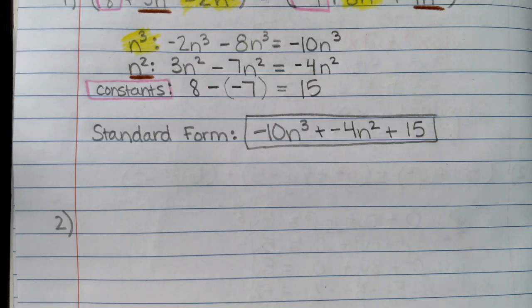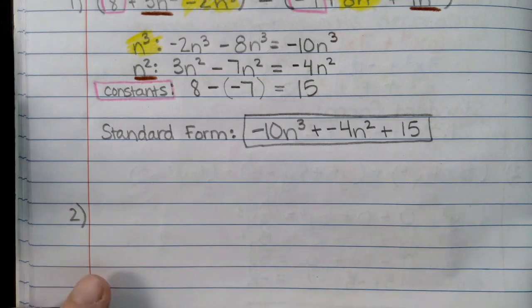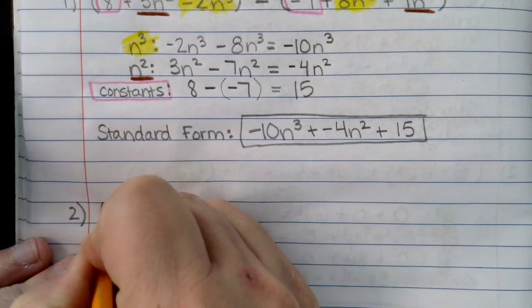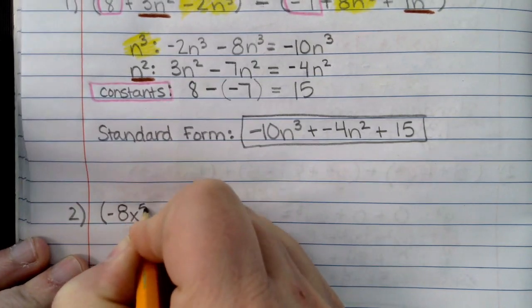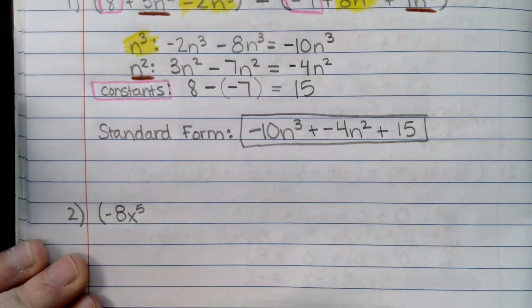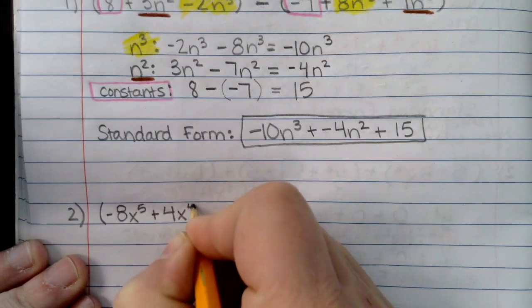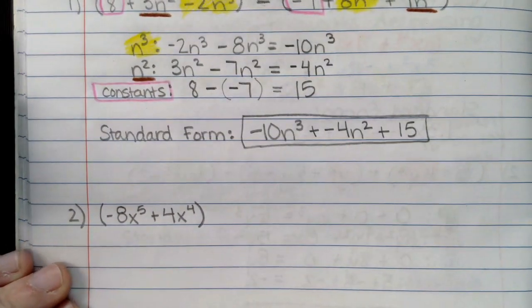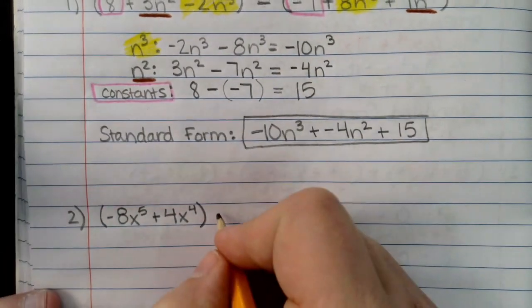So we'll start off with that first one. We have negative 8x to the 5th power plus 4x to the 4th power. So that's our first binomial. Minus, now we're going to subtract this whole trinomial. So that's really saying that we're not just minusing this first part, we have to minus all the parts in this trinomial.